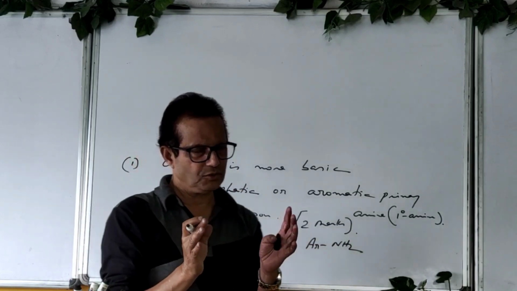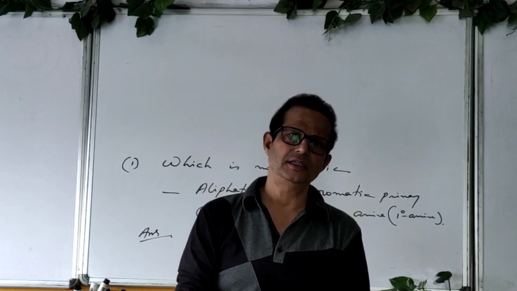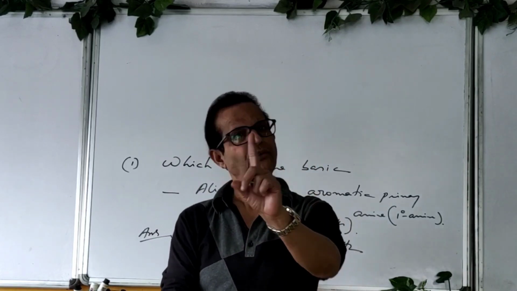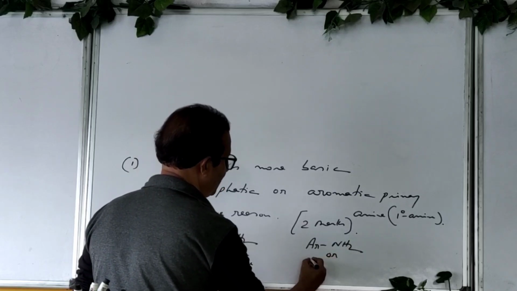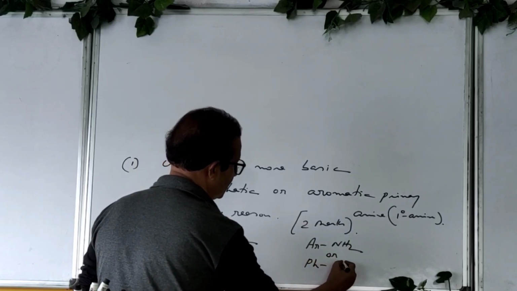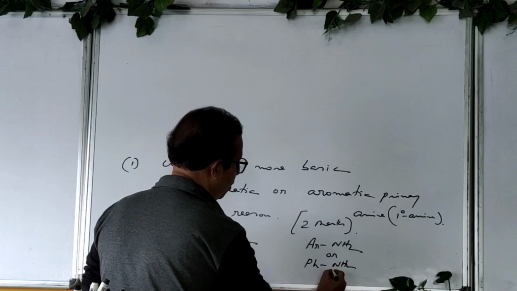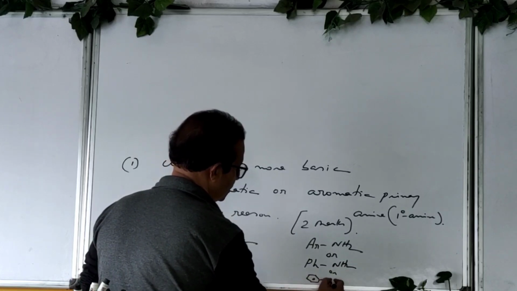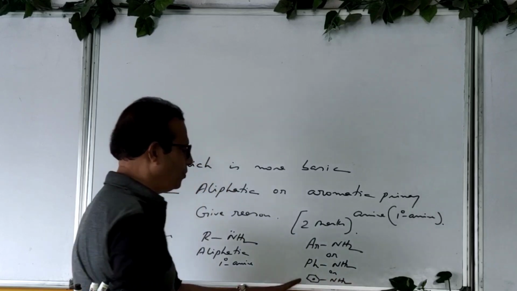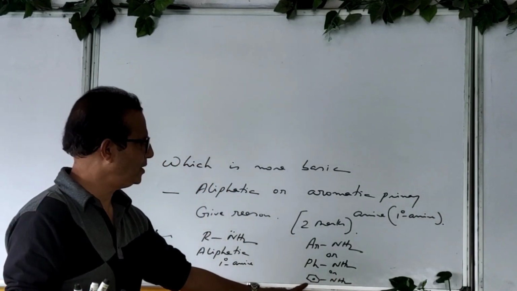When benzene is attached to anything, its formula is C6H5. It's called aryl or phenyl. Or it may be denoted as Ph NH2. All are correct. So this is an example of an aromatic primary amine.